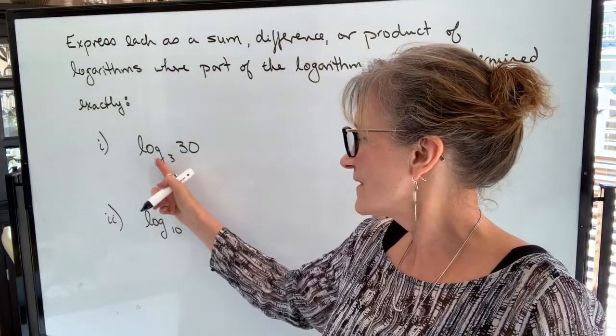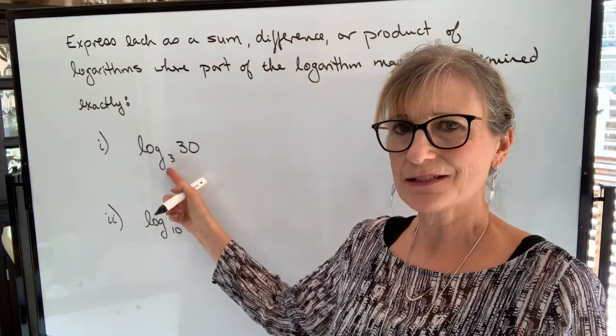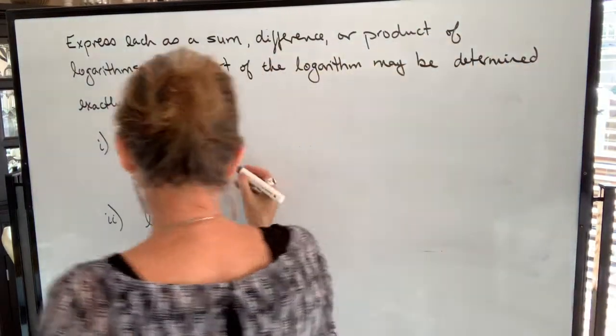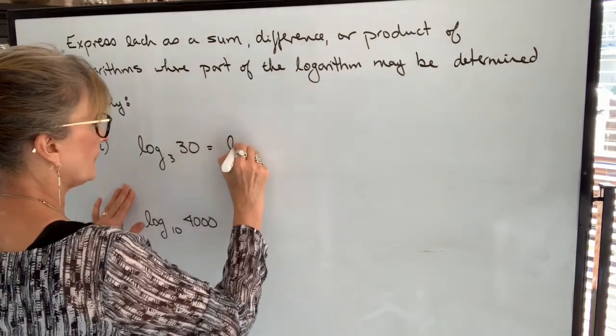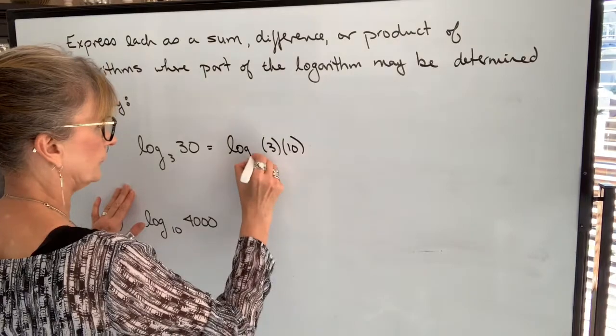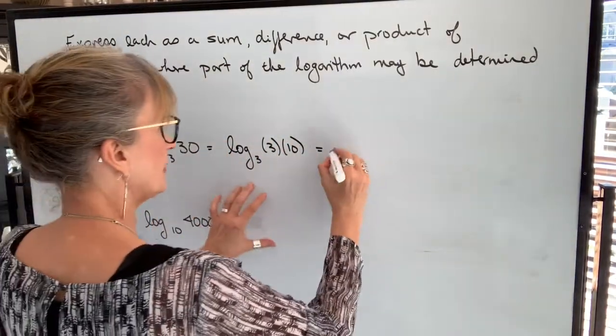So in our first example, if we were asked to find the log of 30 base 3, we look at what our base is. We know that there's a multiple of 3 in 30, so we can write 30 as 3 times 10. Then we can use our first property of logarithms to break this up.